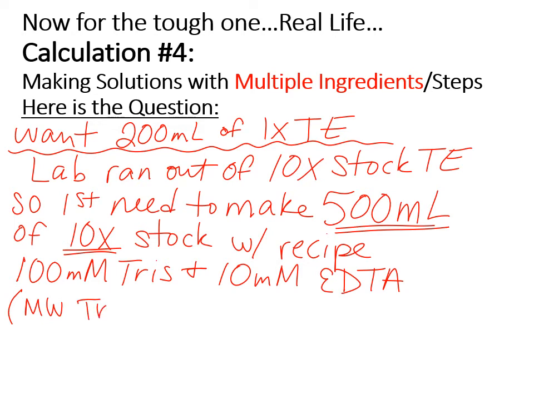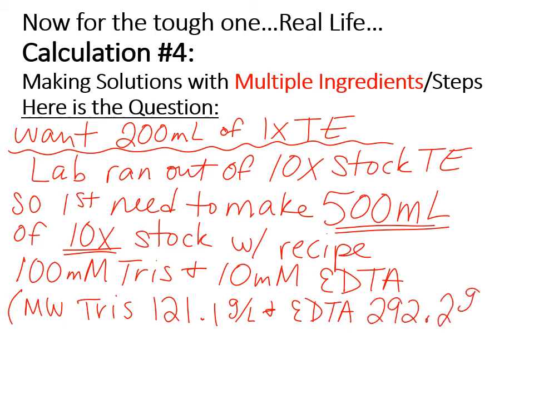So molecular weight of Tris is 121.1 grams per liter, and EDTA, we're going to use 292.2 grams per liter.